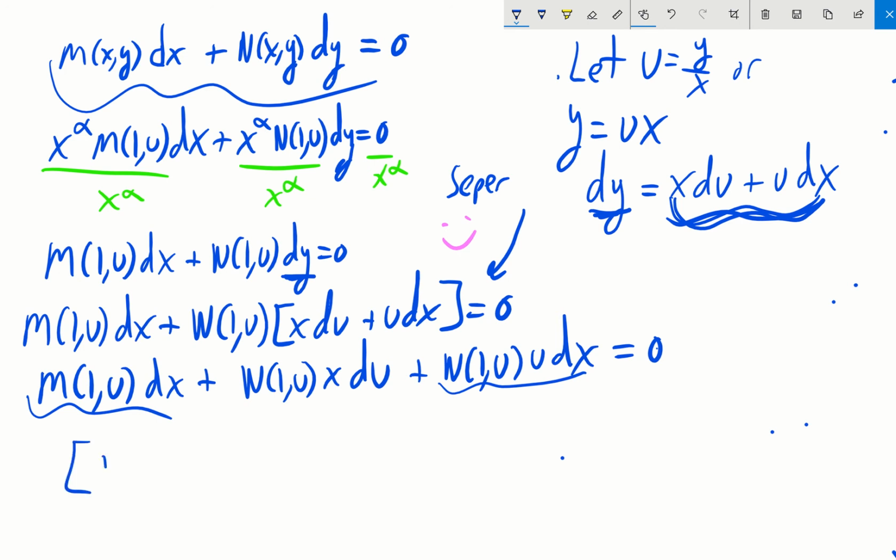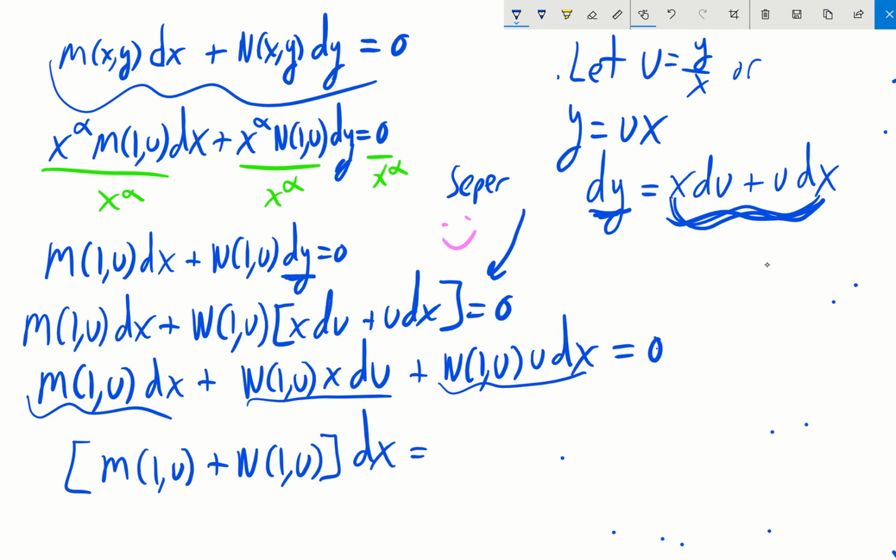So I'm going to have m of 1 comma u plus n of 1 comma u times u, with a dx. I'm going to bring this term to the other side of the differential equation. Let's call this minus n of 1 comma u x du.